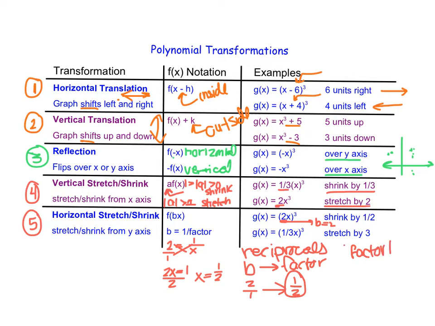If your factor's distance from 0 is more than 1 unit, so in this case my factor is 3, that is considered a stretch. If your factor's distance from 0 is more than 0 but less than 1, so for example, the half we have here, this is going to be a horizontal shrink.